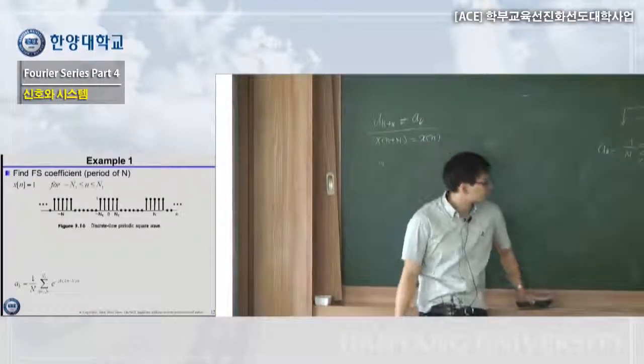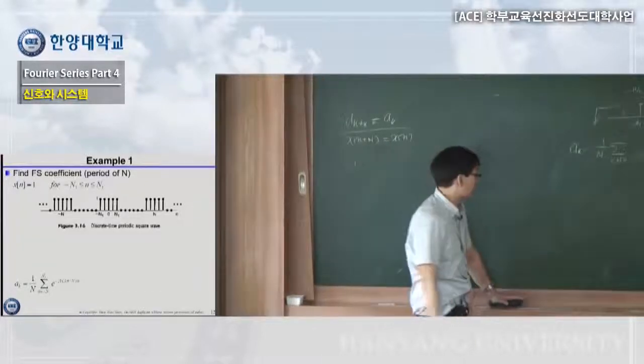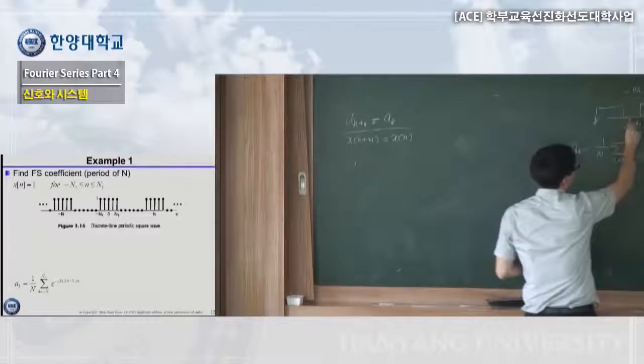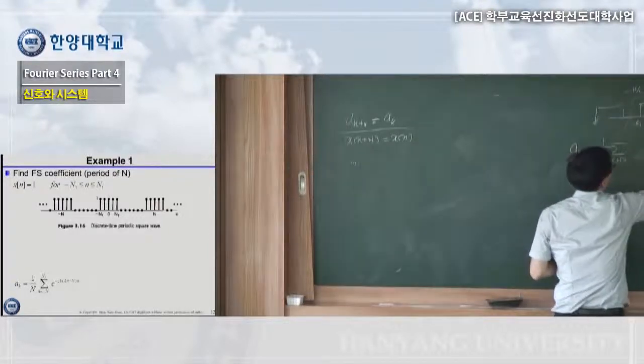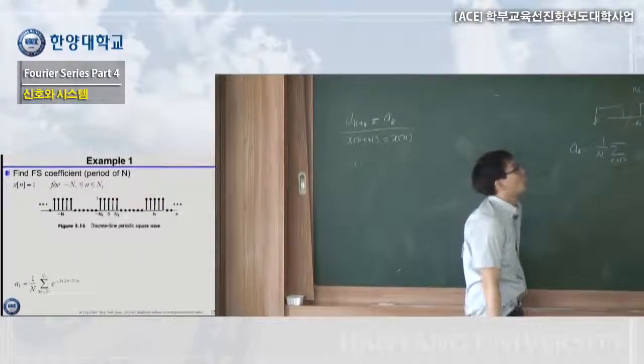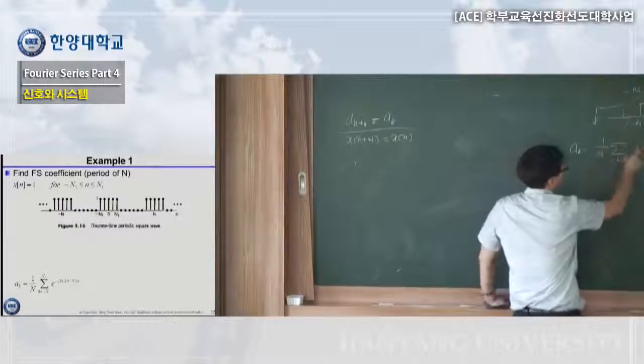So that looks like this. So let's pick a period. In here, we can think that, okay, we are adding from minus N divided by 2 to plus N divided by 2. We can select a period like that.